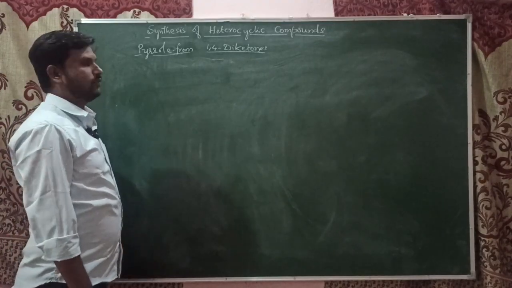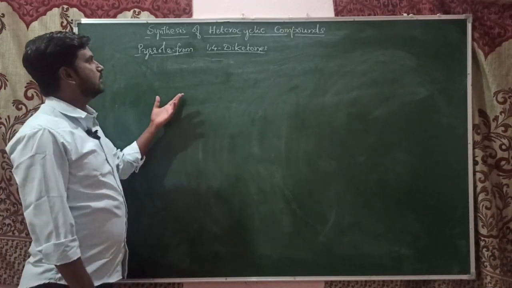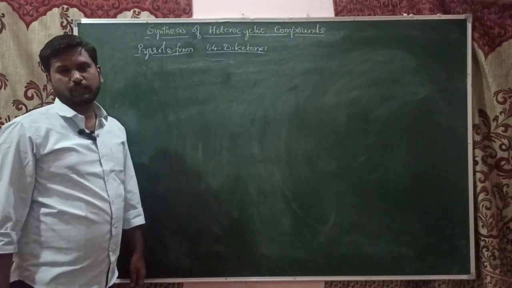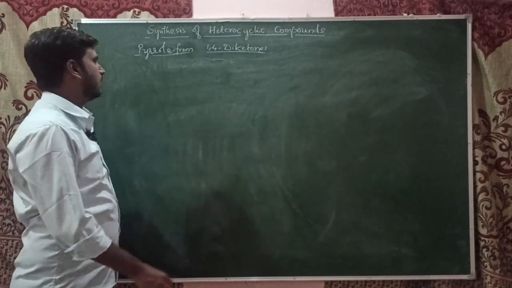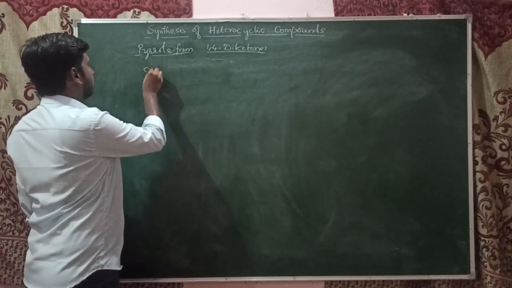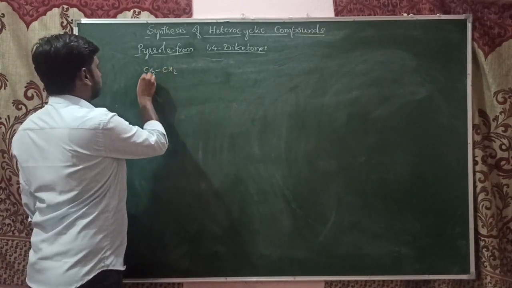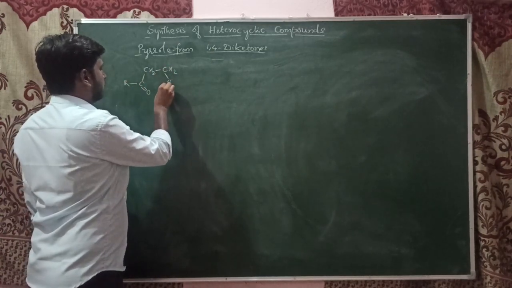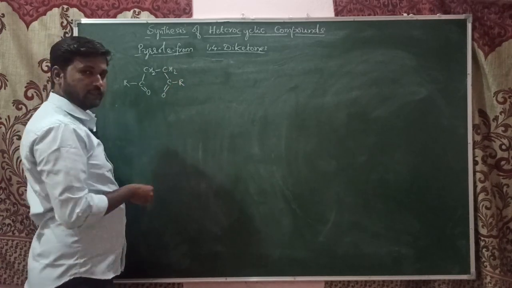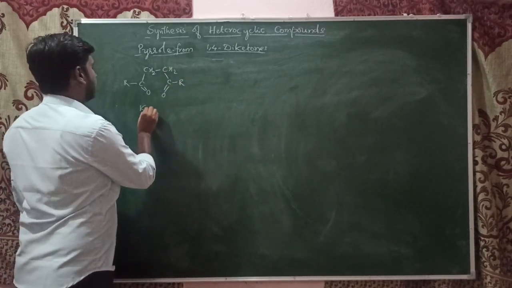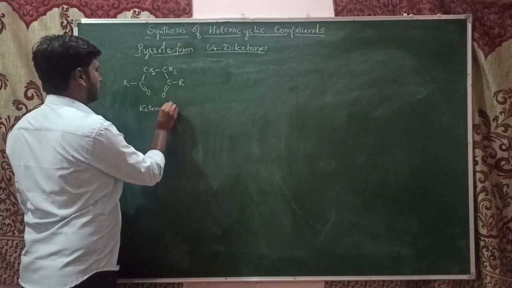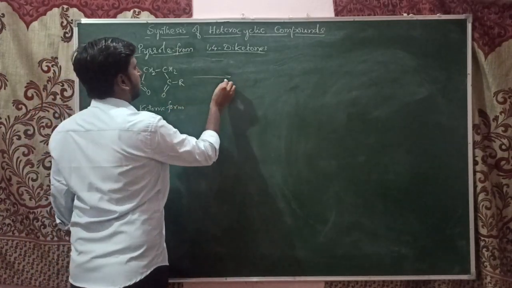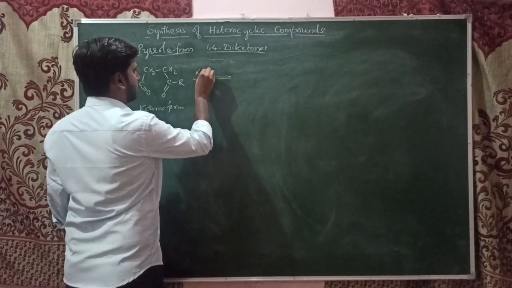In the same way that furan and thiophene can be synthesized from 1,4-diketone, pyrrole can also be synthesized from 1,4-diketone. So let us see that. This is the 1,4-diketone in ketonic form. As you already know, it shows keto-enol tautomerism.